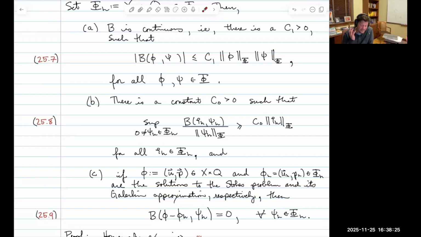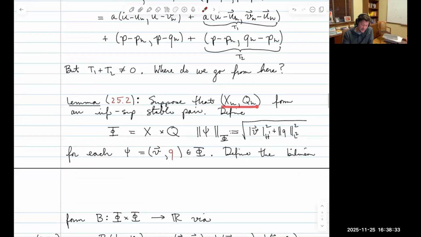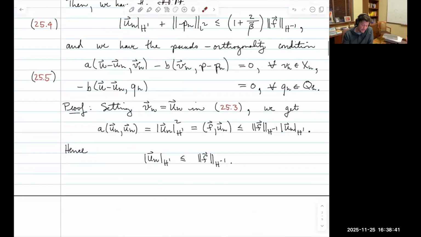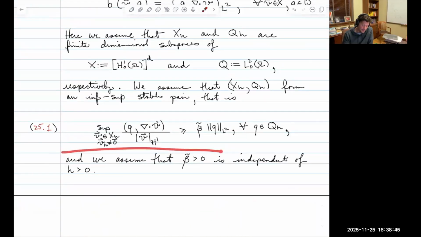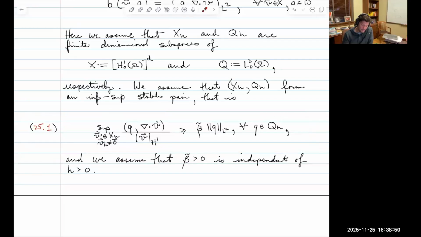That's because we want to use the inf-sup condition for our pair. Remember, we said at the beginning, these form an inf-sup stable pair. So we want to use what we know about the inf-sup stable pair, or the definition of it, to prove this result. So there's what we mean by an inf-sup stable pair for QH and XH.